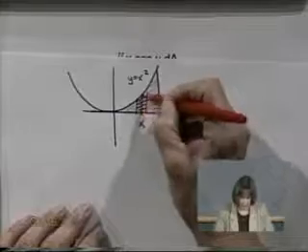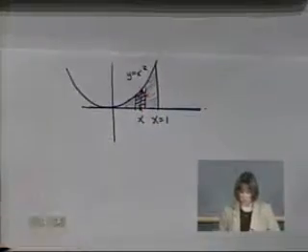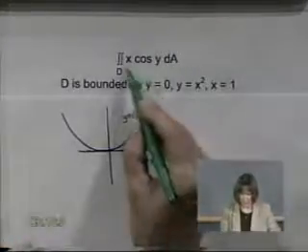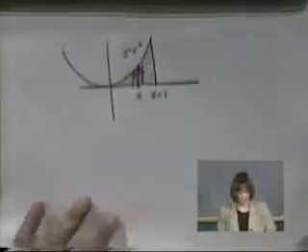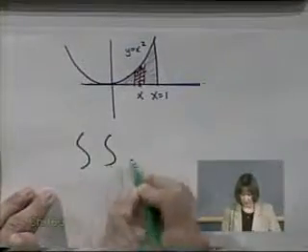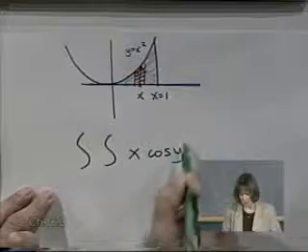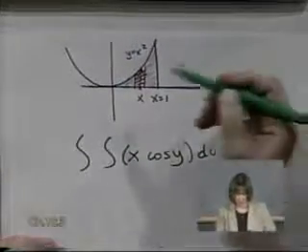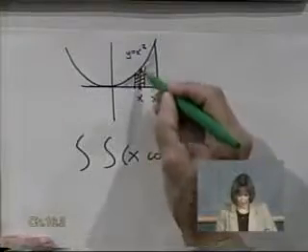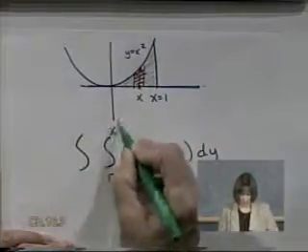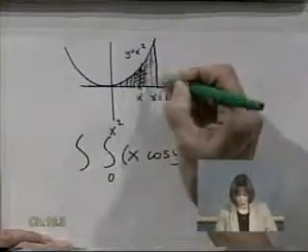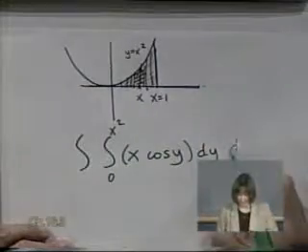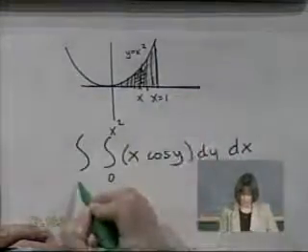Y. We're letting y change. Now, what's my function I'm integrating? It's x cosine y. They're just giving me that. So we're integrating the function x cosine y as y ranges from, what's y ranging from? Y equals 0 to y equals x squared. And if we sum up all those strips in the region, x is ranging from 0 to 1.